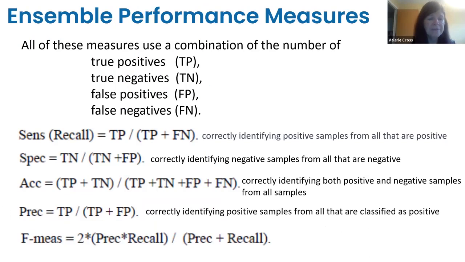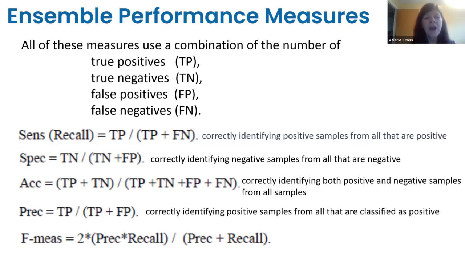So these are the performance measures that we used: sensitivity, specificity, accuracy, and the F measure. Sensitivity, you probably all know this, is how many of the positive ones did you actually identify as positive. And specificity is how many of the true negative ones did you actually identify. And accuracy is how many correct did you get, both positive and negative.